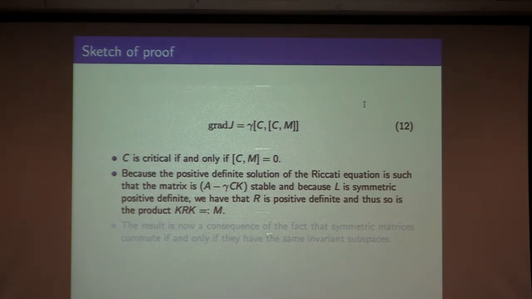Both matrices are symmetric positive definite, because of reasons related to the solutions of the algebraic Riccati equation and the Lyapunov equation. Two such matrices will commute if and only if they share eigenspaces. And so we automatically have the first statement, as I've written here.